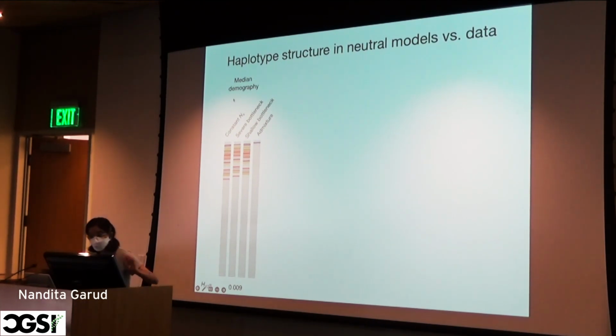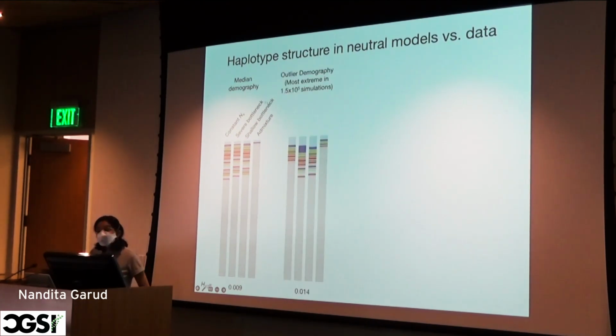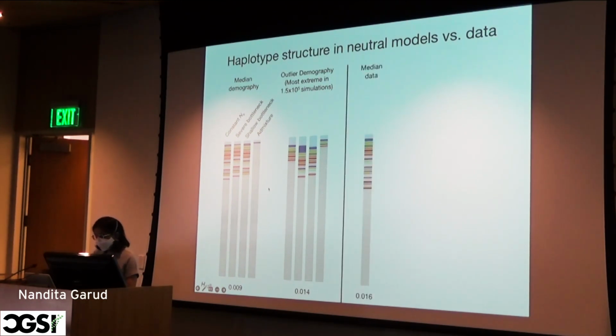So this is just a typical simulation. These are the most extreme outlier simulations in the 150,000 simulations per model. And you can see that there is some elevation in haplotype homozygosity, but it's not really quite as much as what we might be seeing in the data. Now here's a random typical window observed in the data.